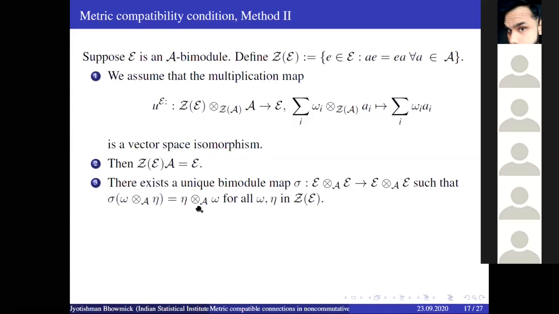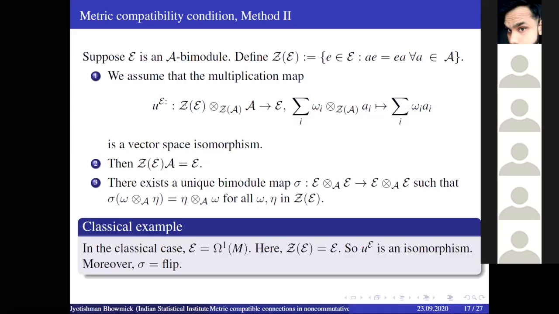Of course, if omega and eta are arbitrary elements, it's almost never possible that the action of sigma is the flip, but on the center this sigma has this property. This follows from this property and was well known from the literature.